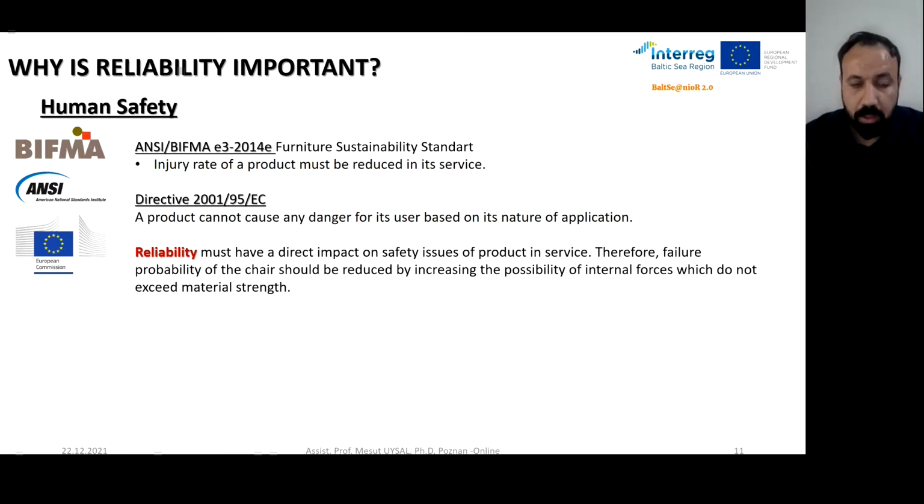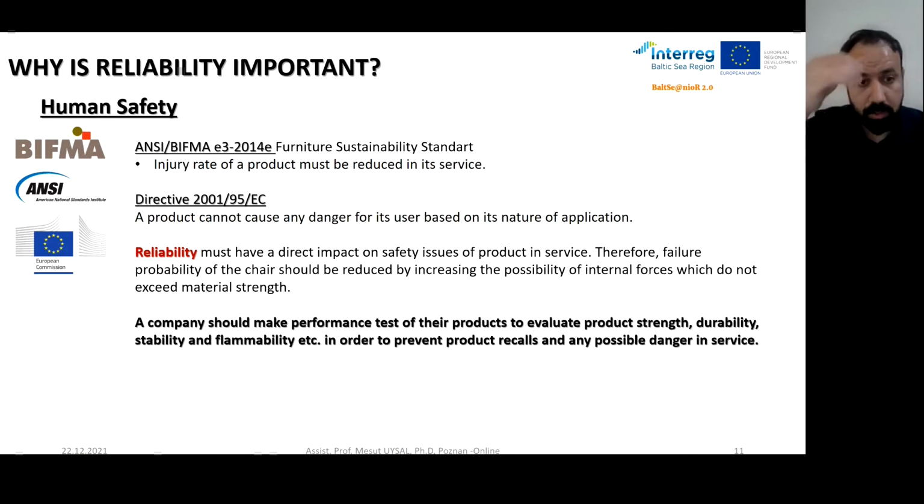So we can increase the reliability of the furniture. A company should make performance tests of their product to evaluate its strength, durability, stability or flammability. I'm talking generally about strength and durability, but reliability based on fire is important.